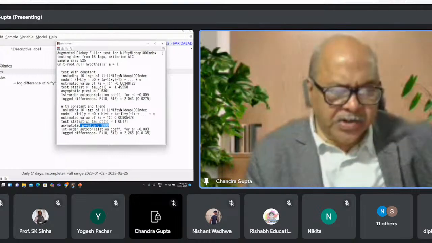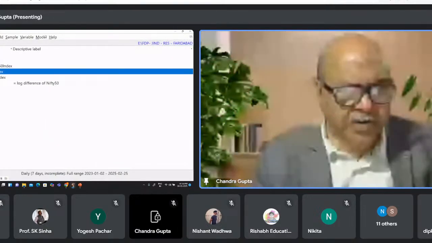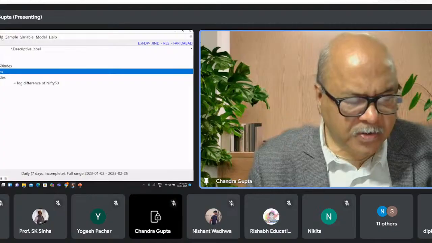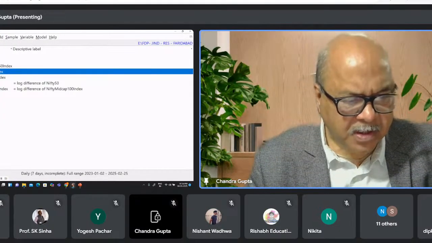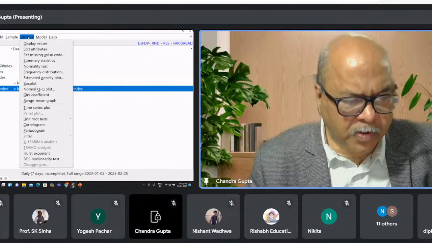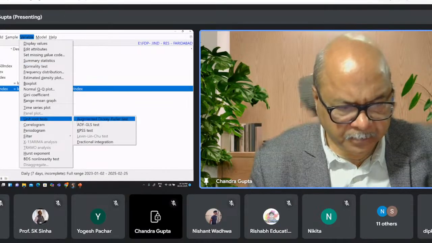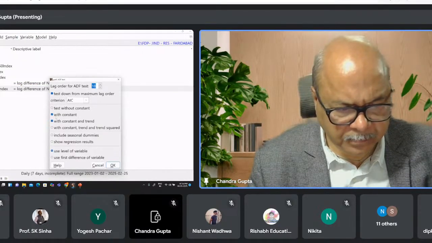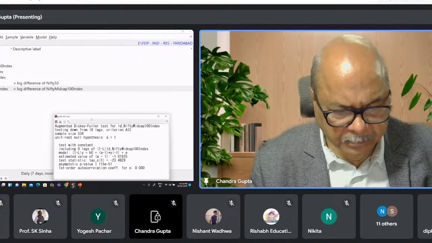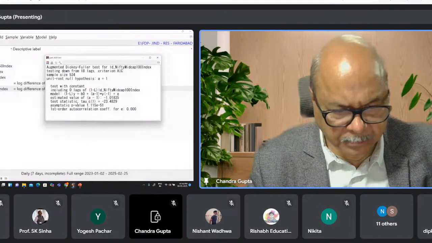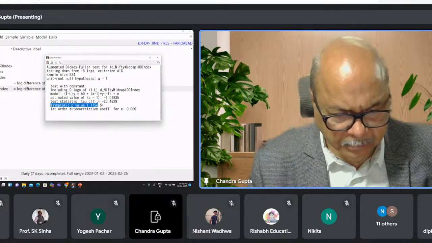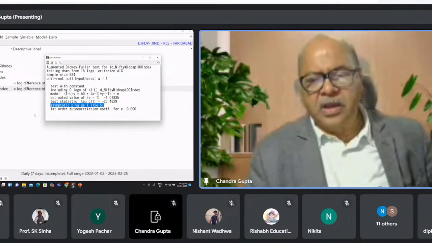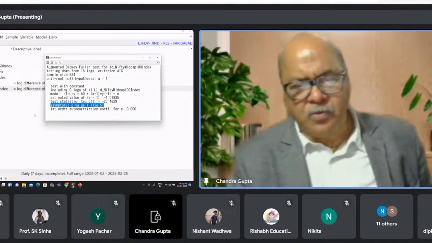If it is not stationary, then I have to make it stationary by taking log difference. So you say add log differences of selected variables. And now if you take the unit root test of it, now the asymptotic p-value is almost zero.